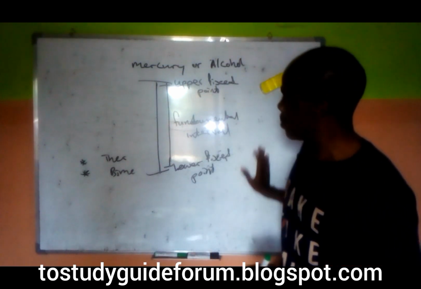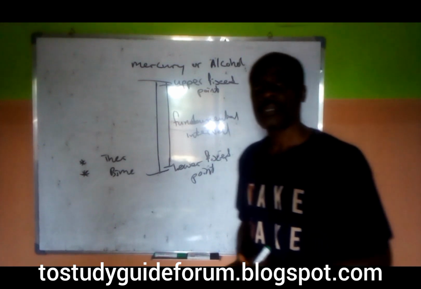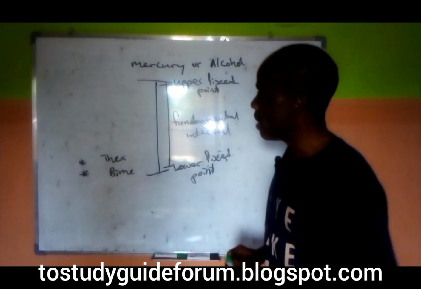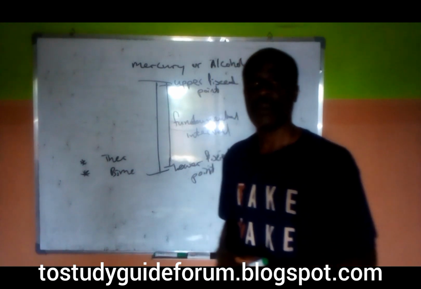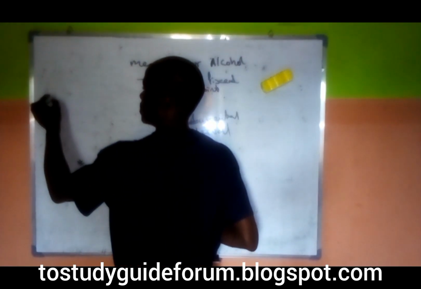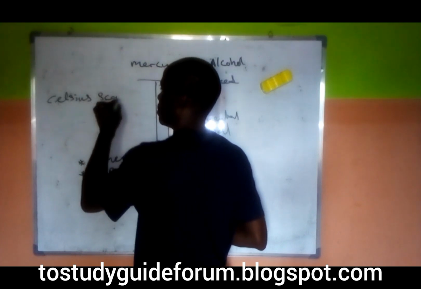Another one we want to be looking at here is the scales. Thermometric scales. We have about 3 types of thermometric scale. The first one we have is the Celsius scale.